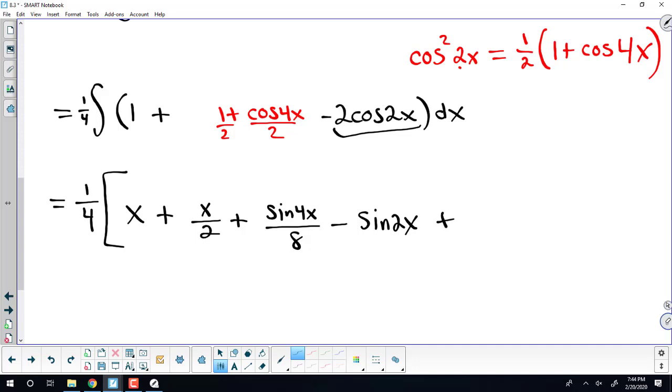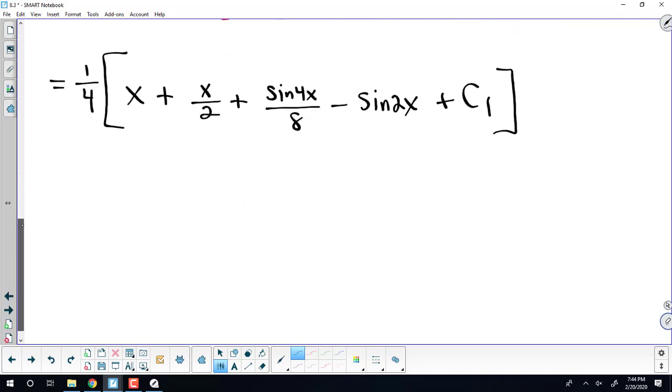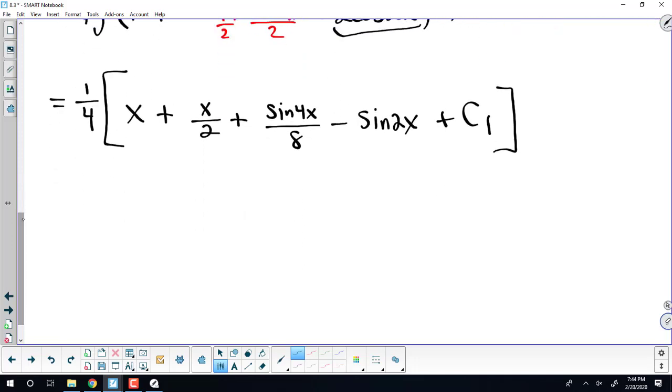And we have some constant coming out of this. Call it C1, call it K, whatever you want to call it. If you left the 1/4 in, you might just call that constant times the 4th. That's why I always think it's just easier to put in a constant at the end with antiderivatives anyways.